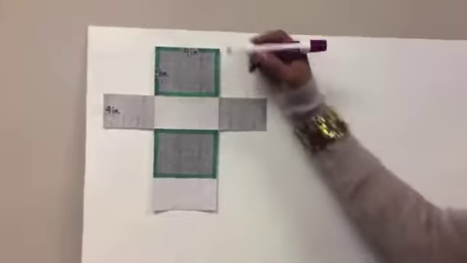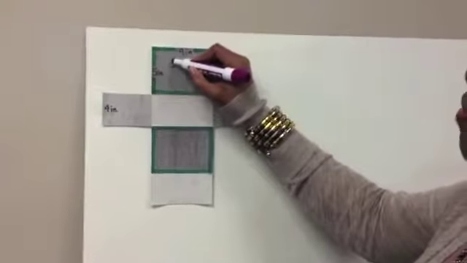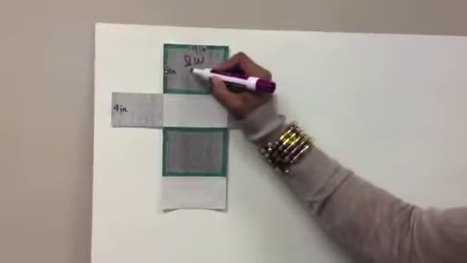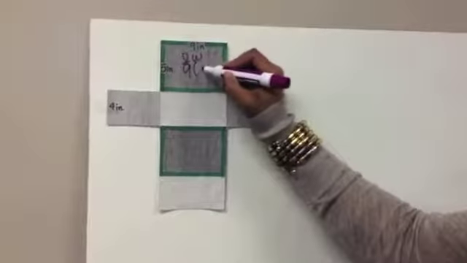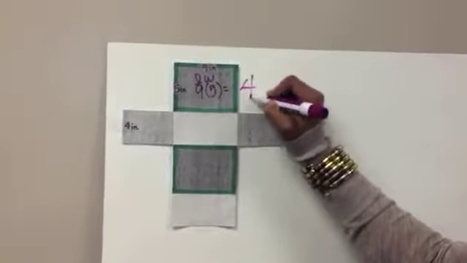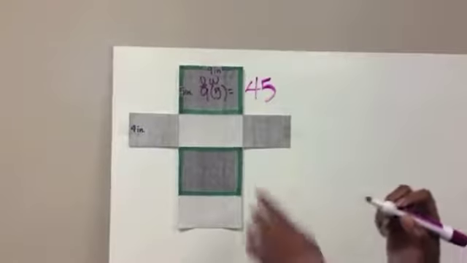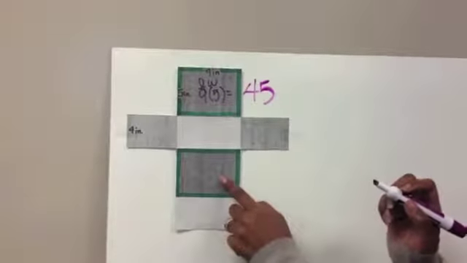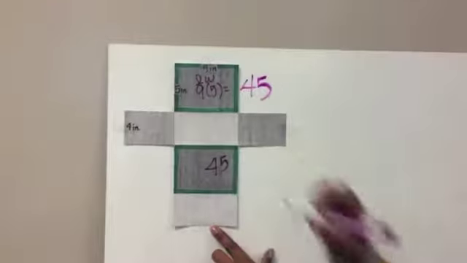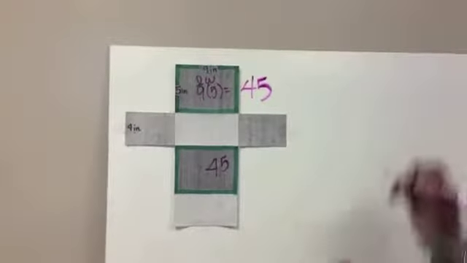Okay? So with a rectangle, the formula for that area would be length times width. So for this one, all I have to do is 9 times 5, which is 45. Okay? And so obviously, the top and the bottom are going to have the same area. So both of these would have an area of 45. Okay?